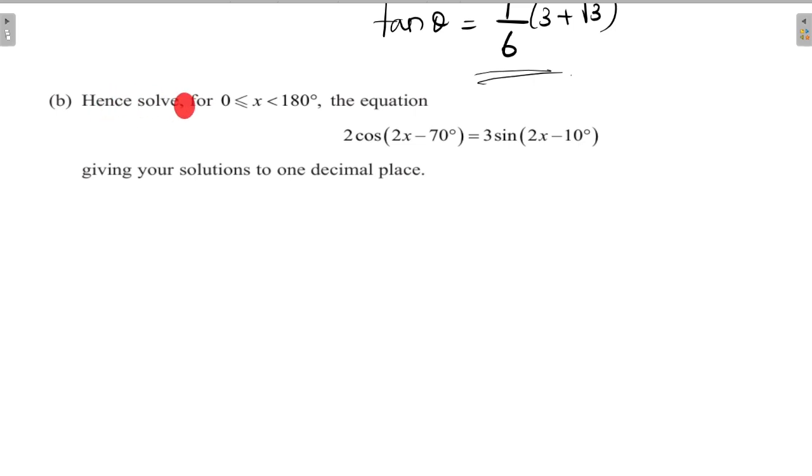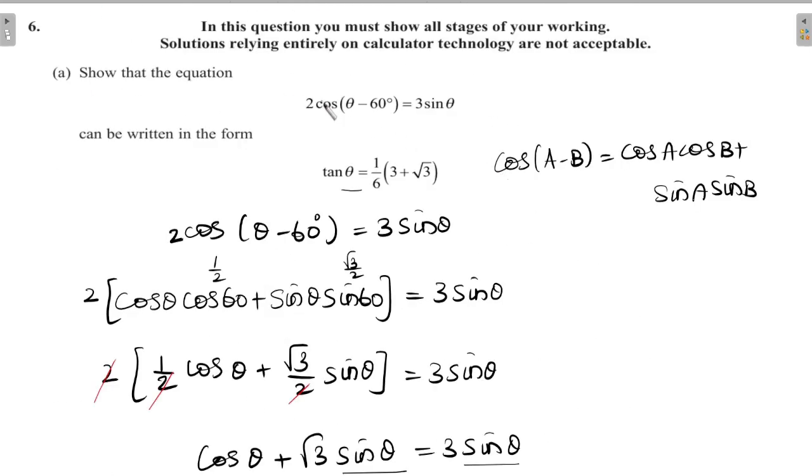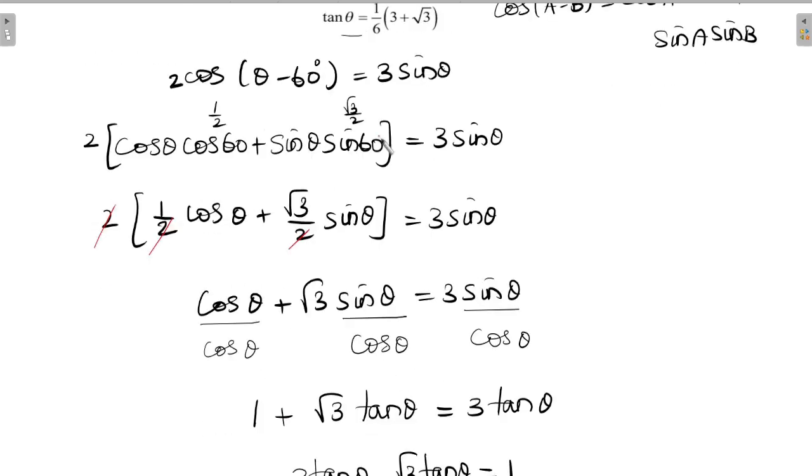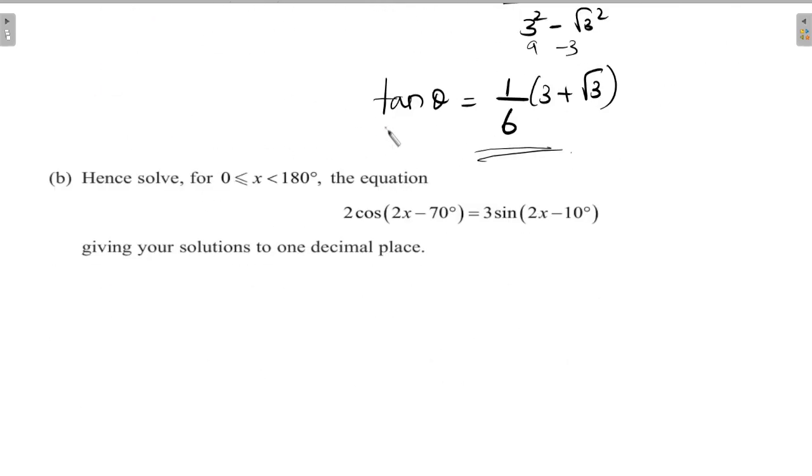Hence solve. So we are going to solve this equation with the help of our result. Let's see the question again. The question is given: 2 cos(2x minus 70) is equal to 3 sin(2x minus 10). Our result is for 2 cos(theta minus 60) is equal to 3 sin theta.